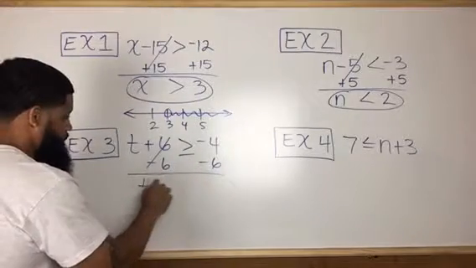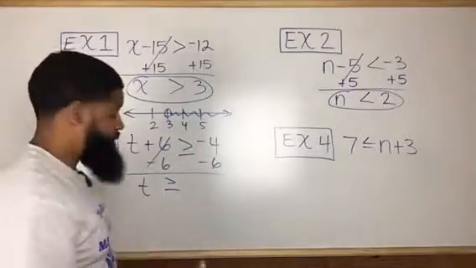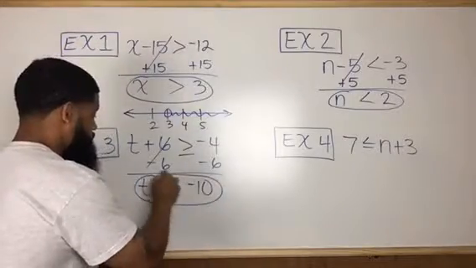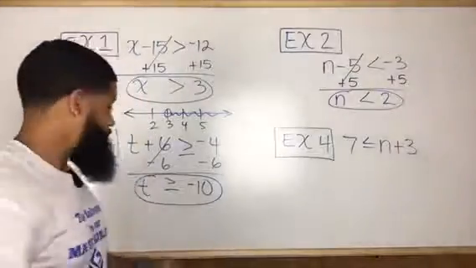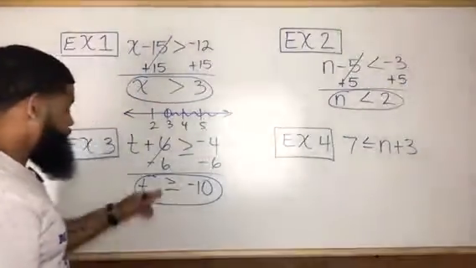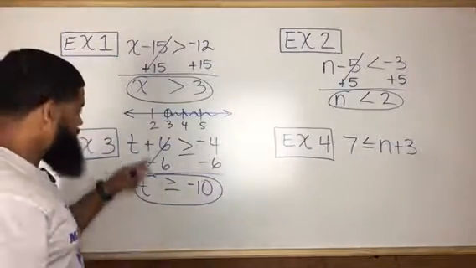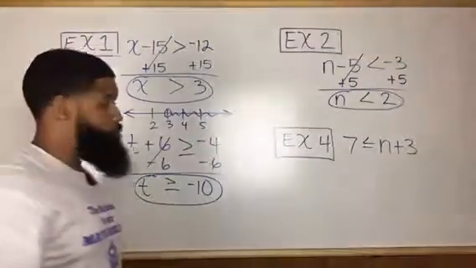So t is greater than or equal to negative 4 minus 6, which is actually negative 10. Be very, very mindful of adding and subtracting integers. If I have negative 4 and I take away 6, I'm going to get negative 10. So any number greater than negative 10 or equal to negative 10 would satisfy this inequality, t plus 6 is greater than or equal to negative 4.